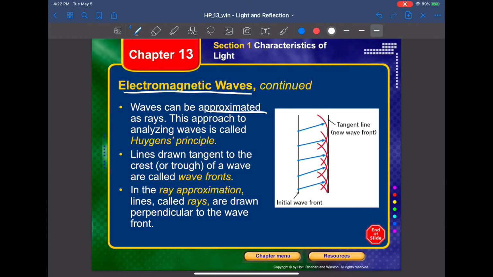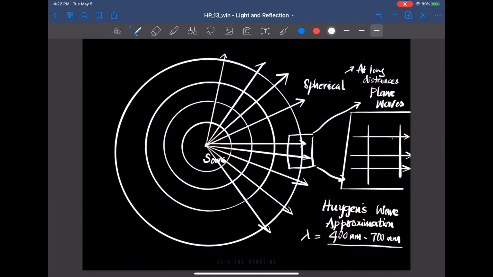So this type of analysis, when you consider waves to be rays, is called the Huygens principle. So we call this the Huygens principle.